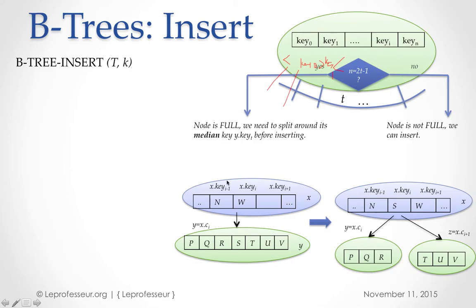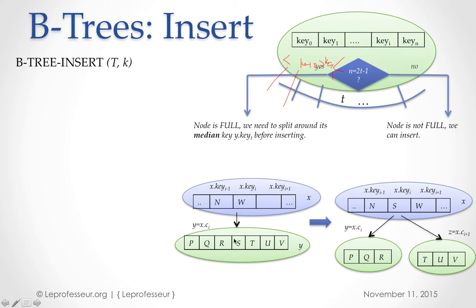So let's talk about how the splitting works, before getting into the detailed algorithm. Let's say you have this y node, and this node is full, meaning it has 2t minus 1 keys with 2t children.